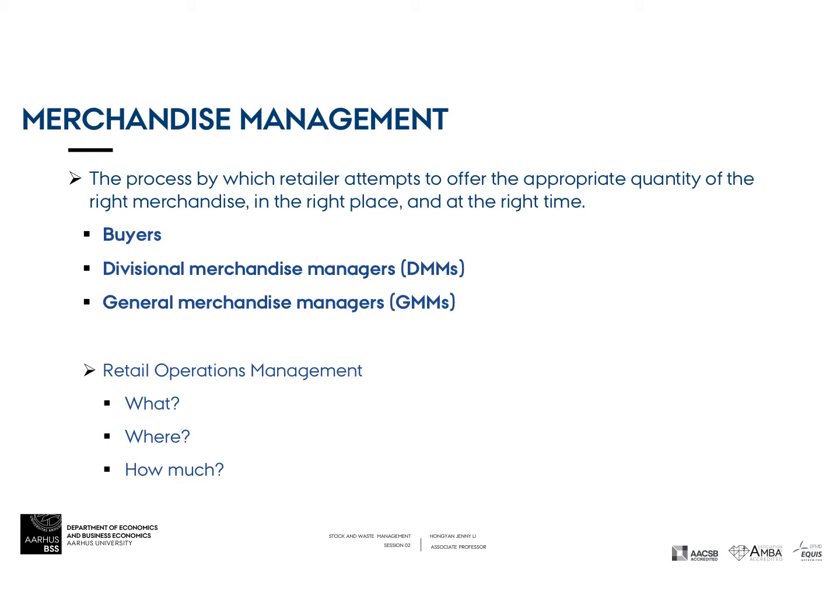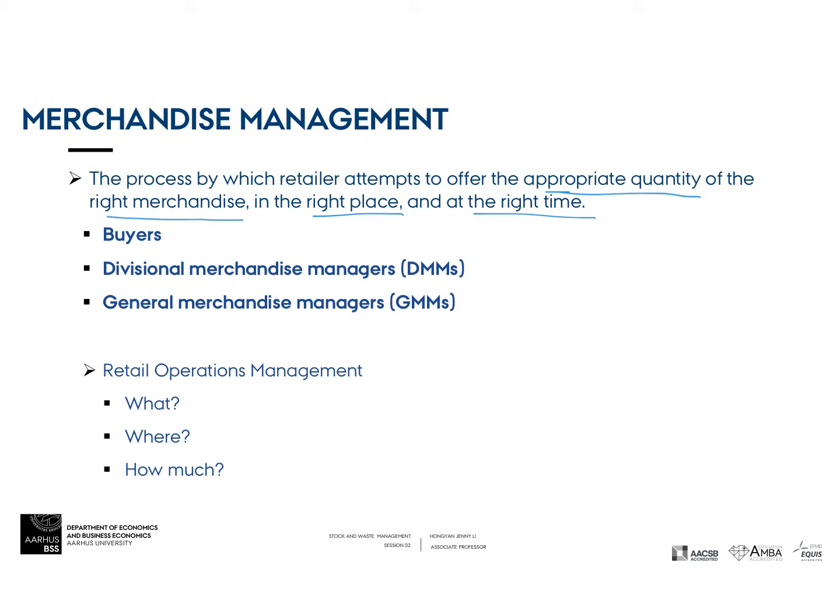So now let's see, merchandise management actually is a process. The process attempts to offer the appropriate quantity, so here we're talking about the quantities, and the right merchandise in the right place at the right time. If you want to add one more, it should be the right price.